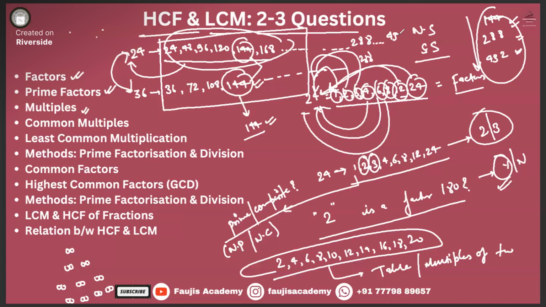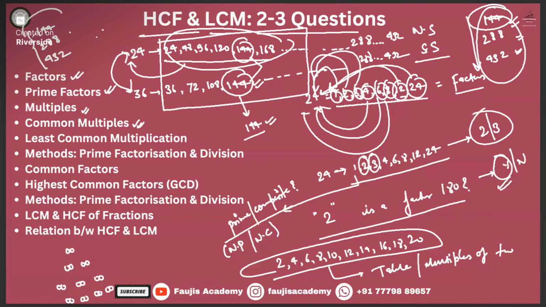Basically it runs in multiples of 144. So what are the common multiples? 144, 288, 432. Which one of these is the least?